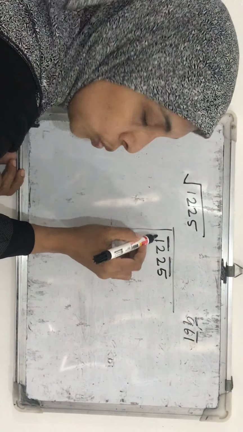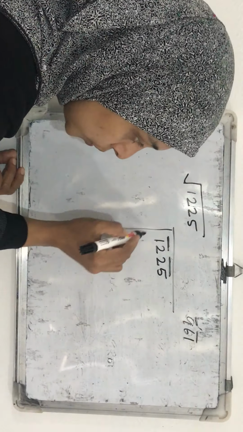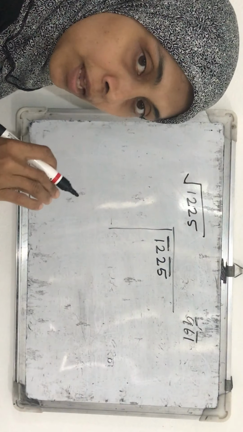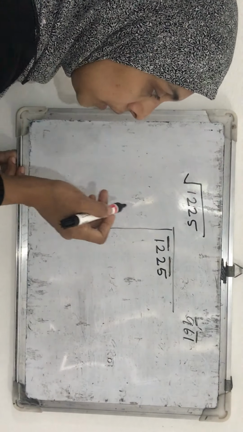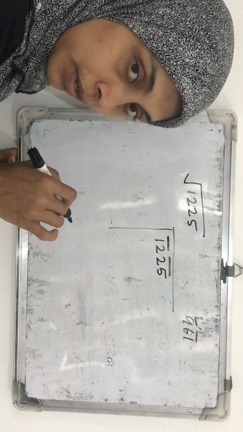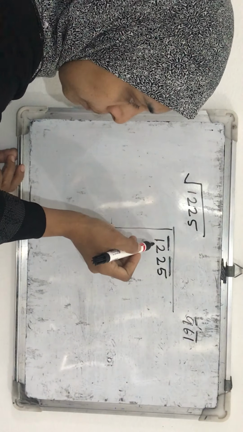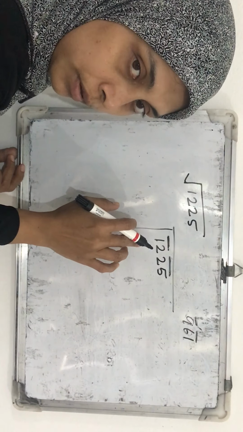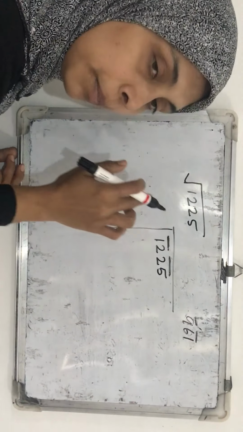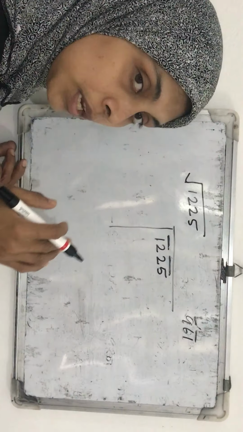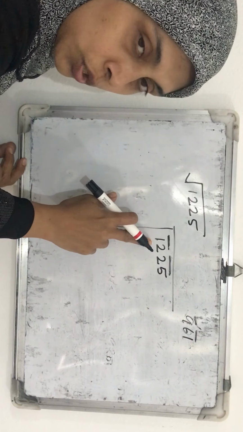Under the bar there are 2 digits, so we take those 2 digits together, that number is 12. Now we want to find a square number which is equal to or below this number. So we know 3 squared, 9, is just below this 12.